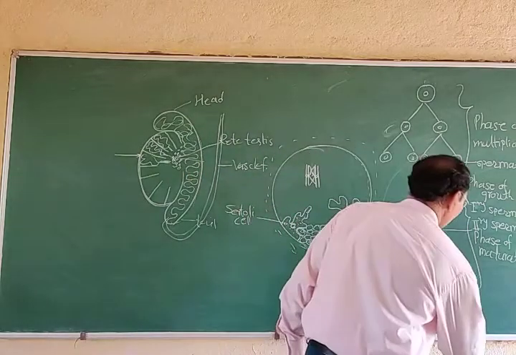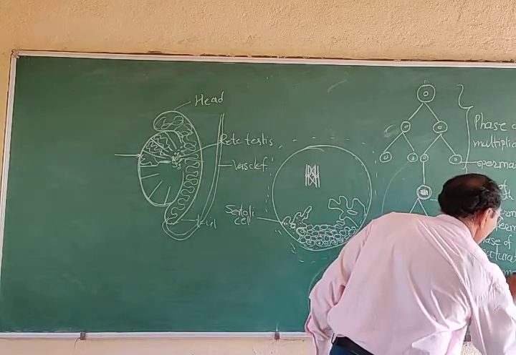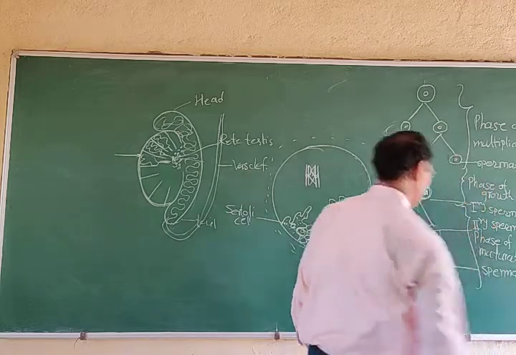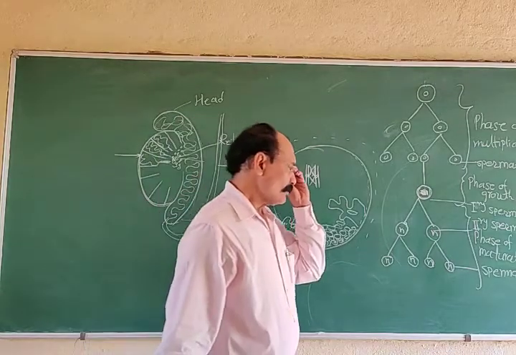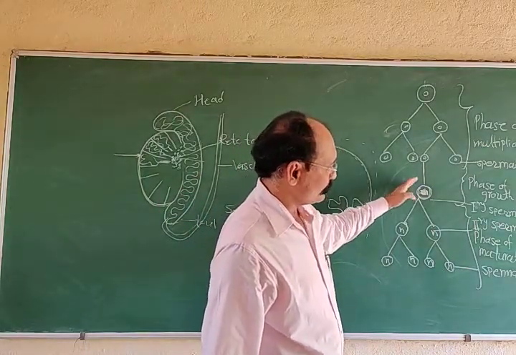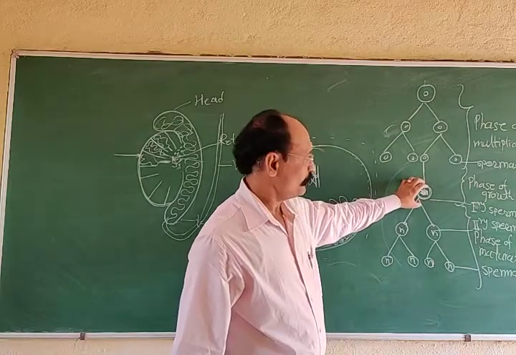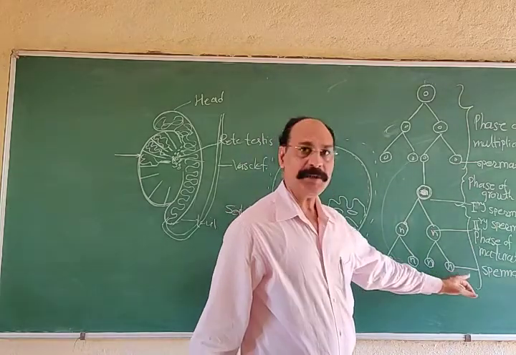So these cells are now called the spermatids. We can see here that from a single spermatocyte we get 4 spermatids.